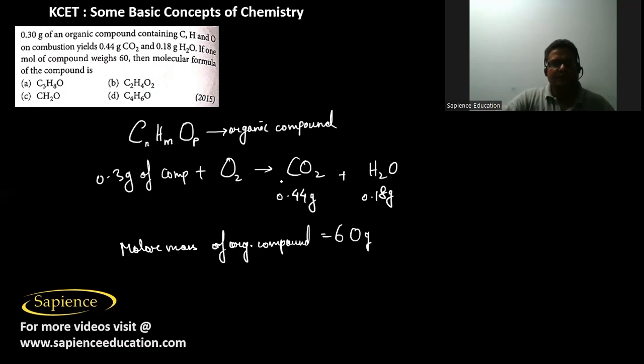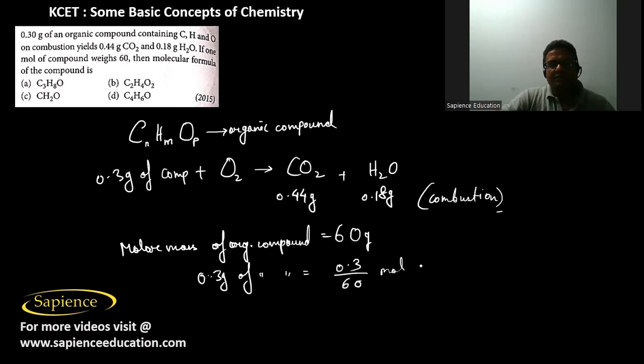So now the molar mass of CO2. Now here 0.3 gram of this organic compound has reacted with oxygen, which is the combustion reaction. So it means that 0.3 gram of this organic compound is equal to 0.3 by 60 mole, which is equal to 3 by 600, which is 1 by 200 mole.